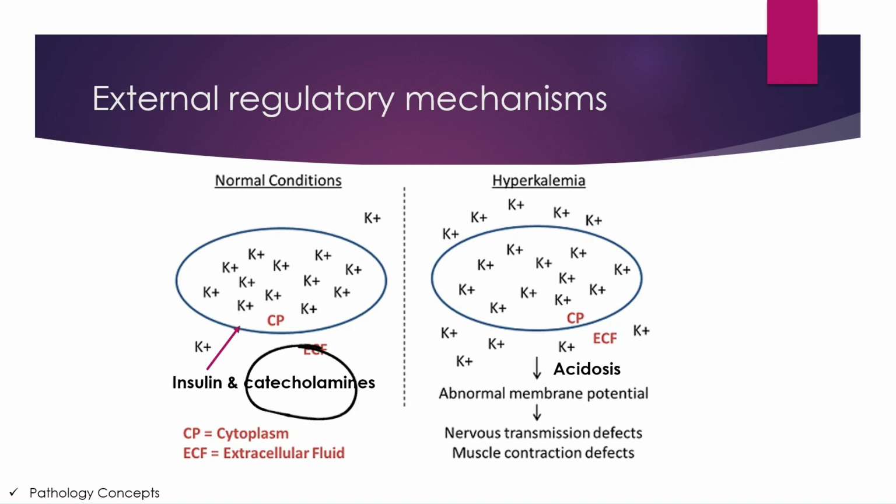Catecholamines, including adrenaline, noradrenaline and dopamine, binding to beta 2 receptors on muscle cells stimulate the sodium potassium ATPase pump, causing an increase of potassium shift into the cell. So here we can see acidosis leads to efflux of potassium from the cell, and insulin and catecholamines induce influx of potassium into the cell.